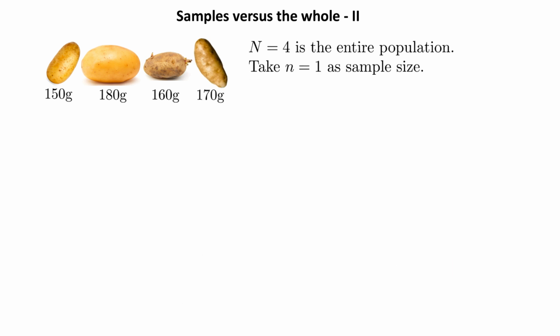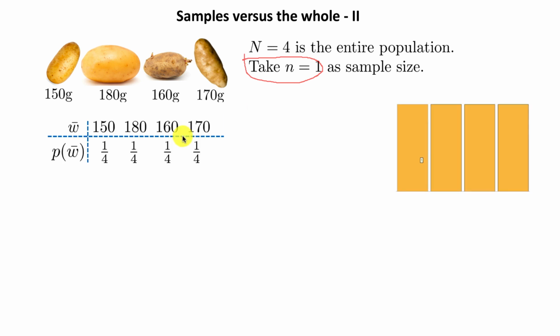But now, let's ask, what if we had taken n equal to 1? That is to say, if we had taken 1 potato at a time. In that case, it's pretty trivial that the probability of picking any one of these is 1/4, 1/4, 1/4, 1/4.